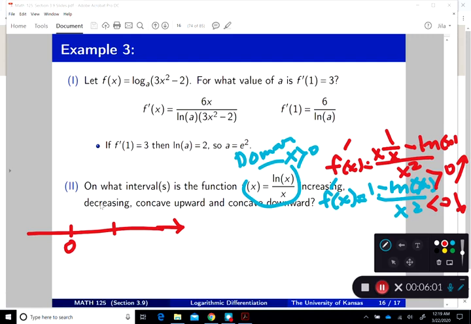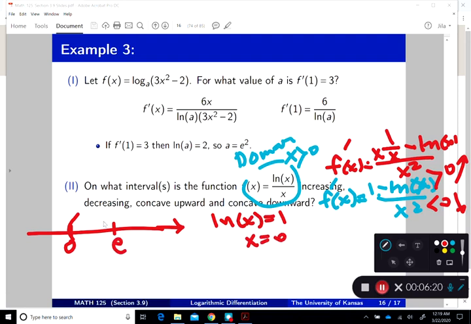That's the intermediate value theorem. So I know 0 is the beginning, so everything starts here. Now, there's another point that makes the numerator 0. That's ln of x equal to 1, which is x equal to e.